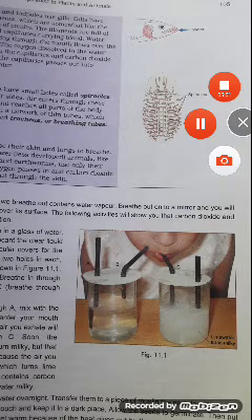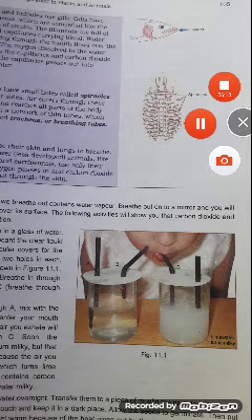The carbon dioxide produced is expelled from the body. Some water vapors and heat energy are also given out.